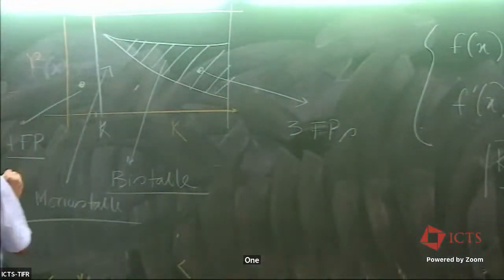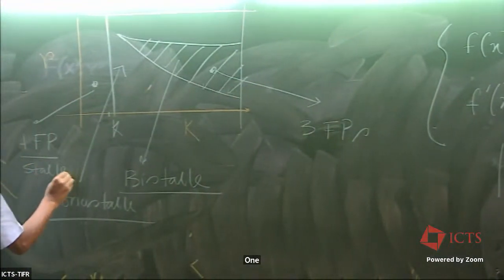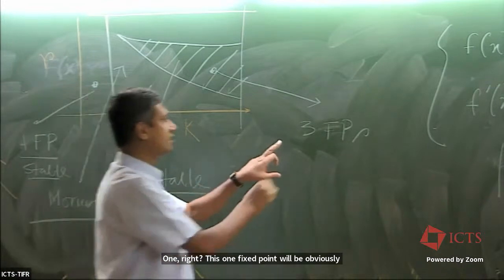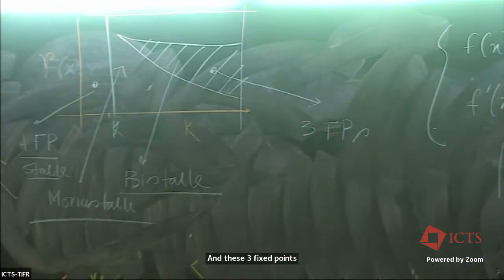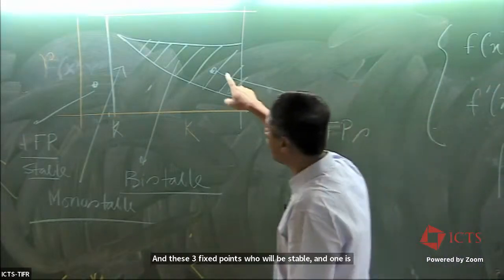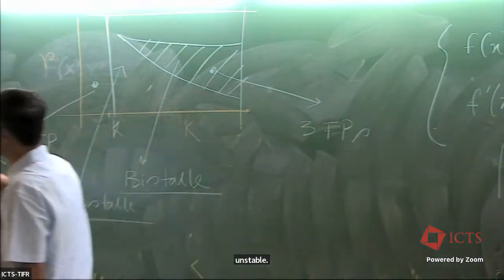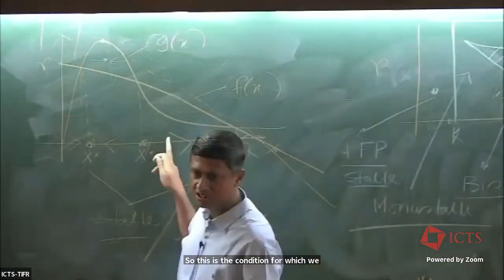This one fixed point will obviously be stable, and of these 3 fixed points, 2 will be stable and 1 is unstable. So this is the condition for which we have such a situation.